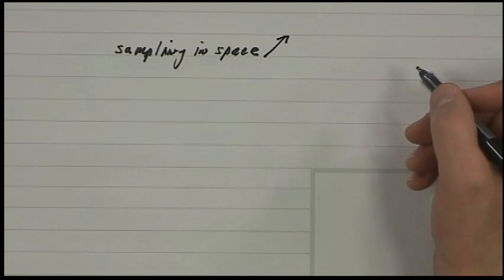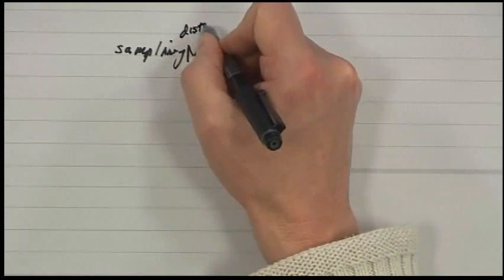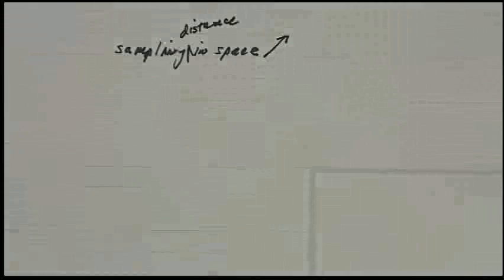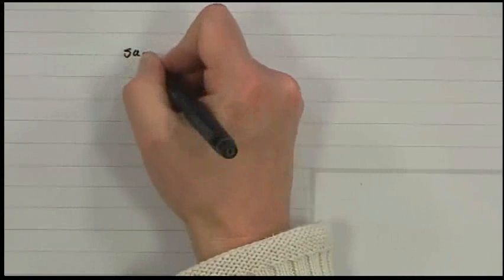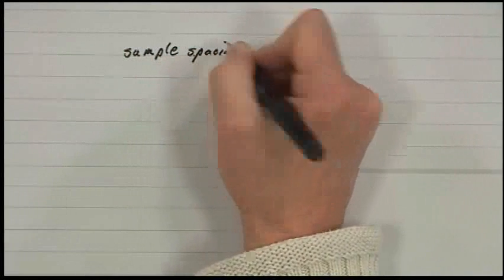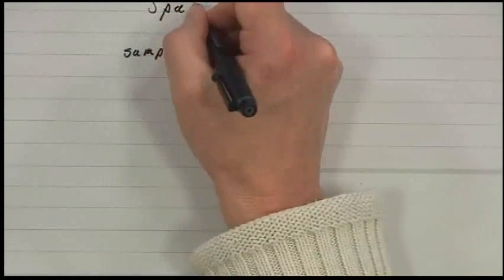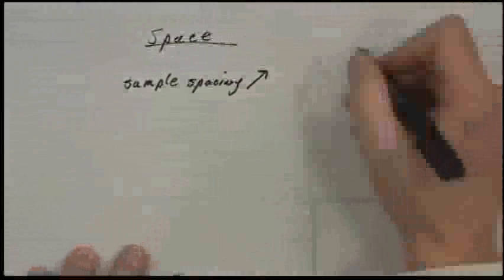When the sampling in space goes up, so not the sampling frequency, the sampling distance, okay? Or maybe let me rewrite this. When the sample spacing goes up, okay? So this is in space, and this is in frequency.